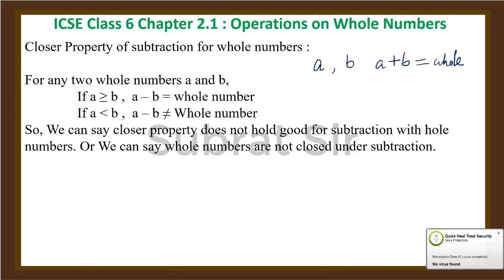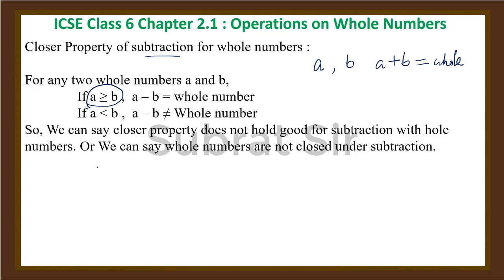But in case of subtraction, a minus b is a whole number only when a is greater than or equal to b. If a is less than b, then a minus b will not be a whole number.